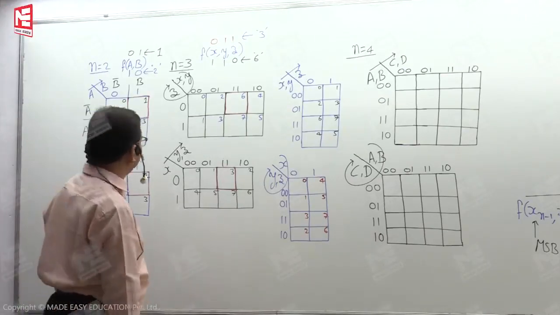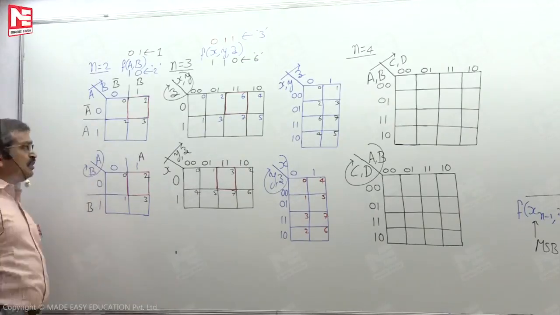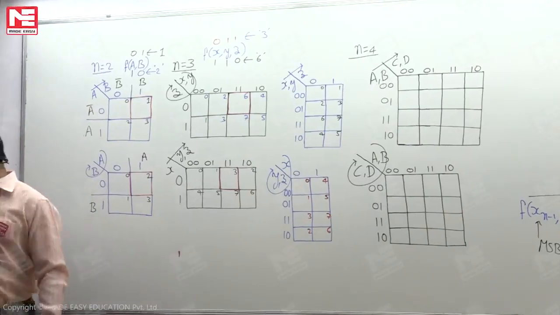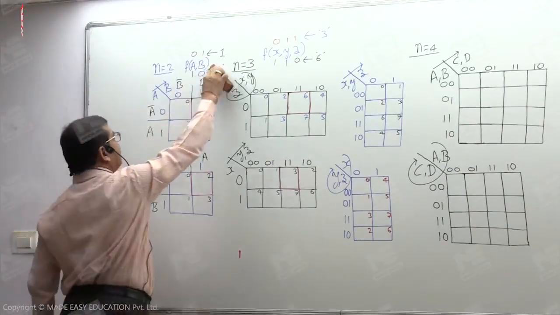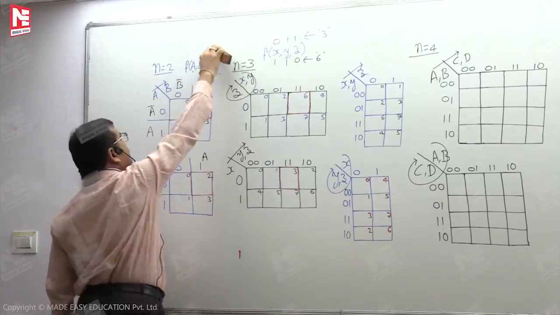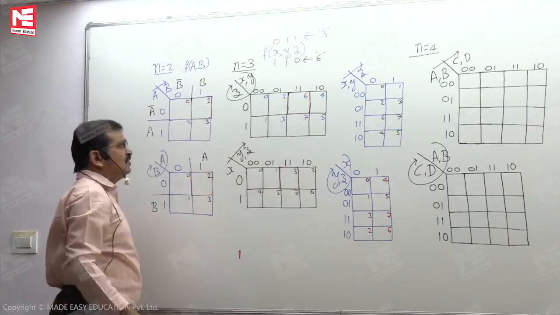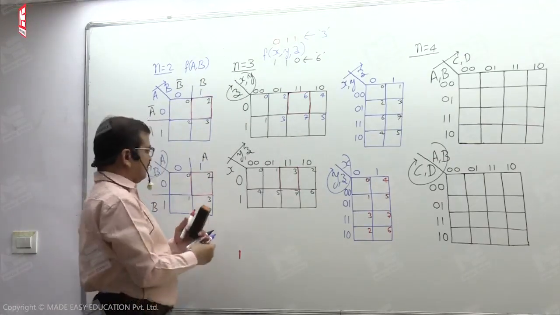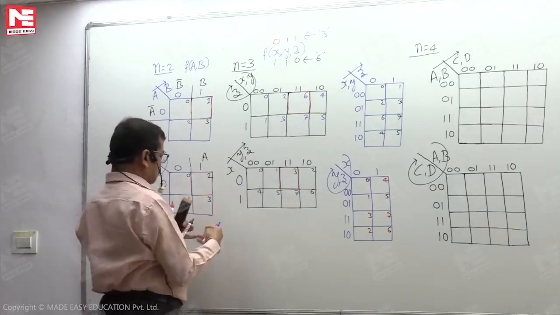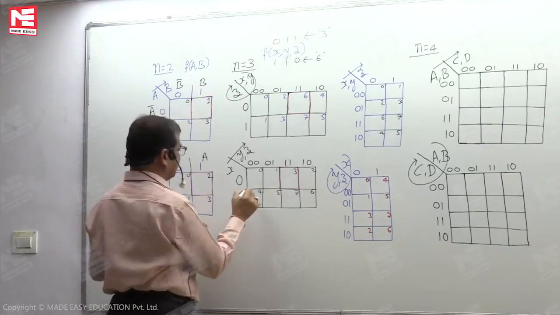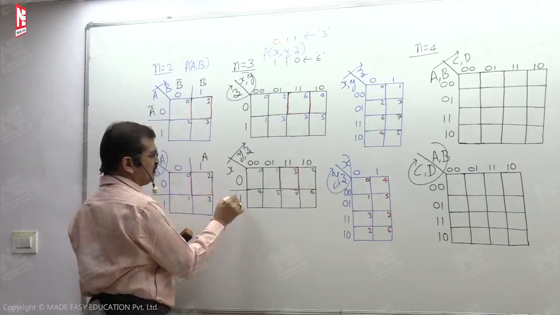So here also in these 3 variable K-maps, the approach I used in the 2 variable case is possible to use. You can see, for example, X must be in uncomplemented form because X is 1.